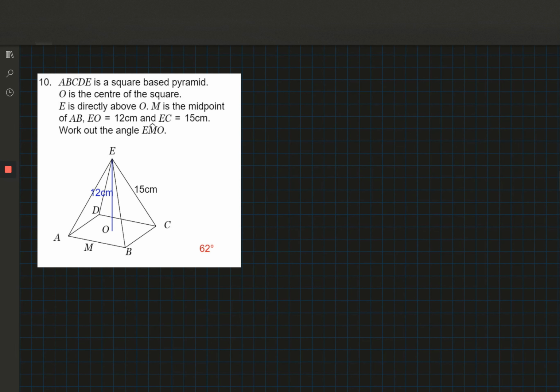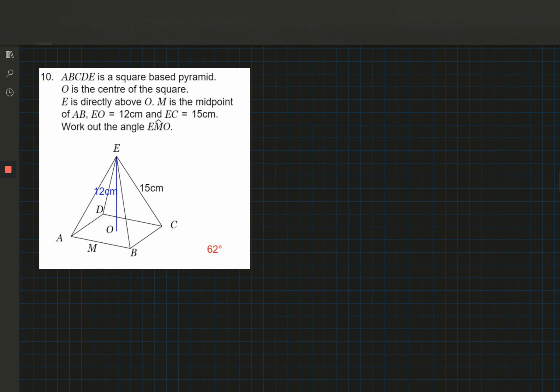It's fairly similar to the first one if you get the idea from the first one. So we have a square-based pyramid. O is the center, E is above O, M is the midpoint of AB, and then the other two lengths are labeled. Work out angle EMO.